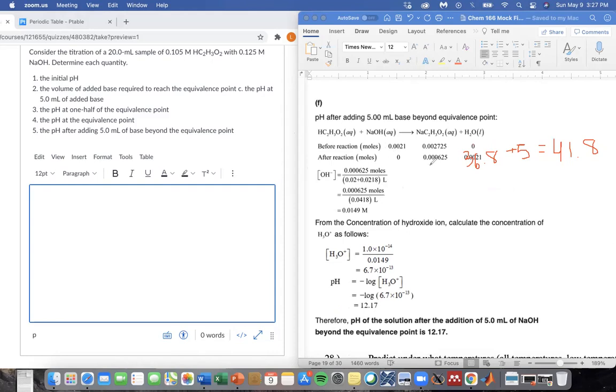In order to figure out the contribution just from your OH minus past the equivalence point, you would do your concentration of your OH minus, which is 0.125 times 0.005.